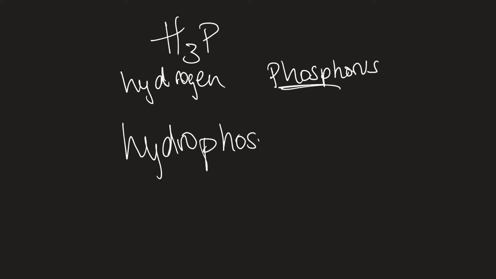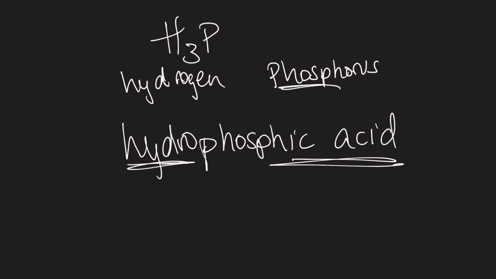So phosphoric, and that's the suffix ic acid. So hydrophosphoric acid. And it's pretty simple as that. When you're looking at non-oxyacids, you use the prefix hydro and the suffix ic acid. So hydro-ic acid, and you always use the root of the second element.